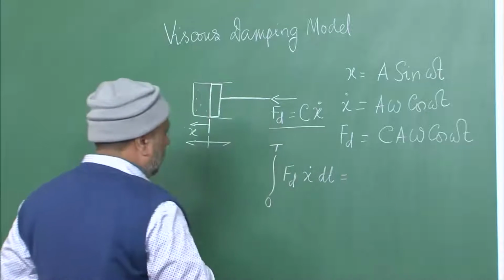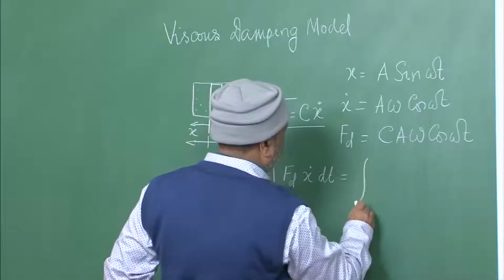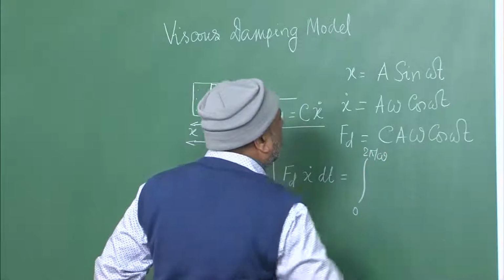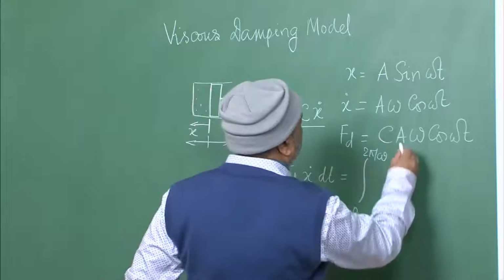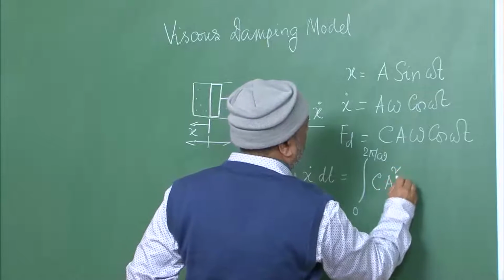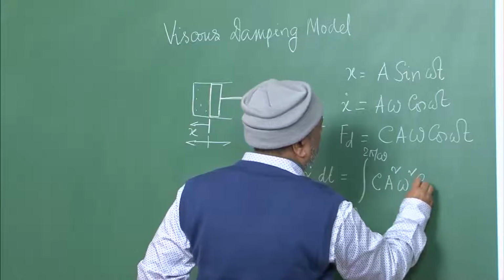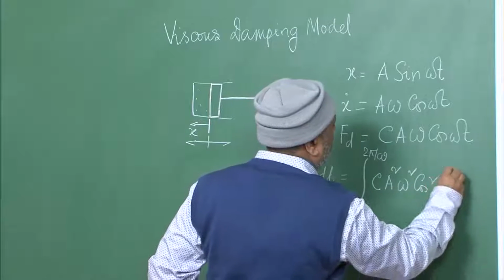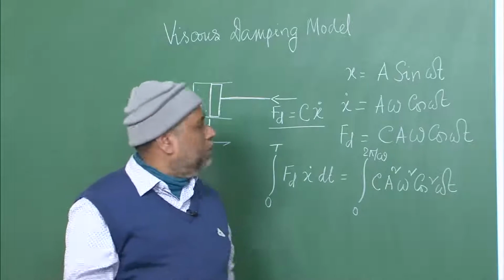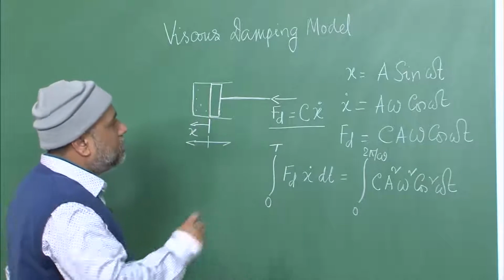In other words, this will become the integration from 0 to 2 pi by omega of C a square omega square cos square omega t dt. That is the energy that is dissipated per cycle in the system.